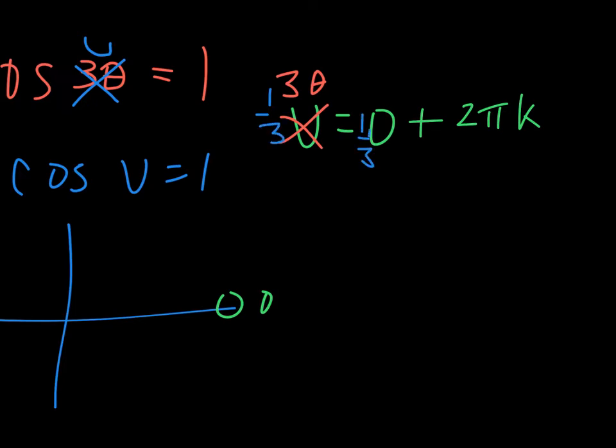It is kind of wasted time there on the 0 because it's just going to be 0. But theta equals 0 plus 2 pi over 3 times k. That means the period of this thing is 2 pi over 3. And each time we move over 2 pi over 3, we get another answer.